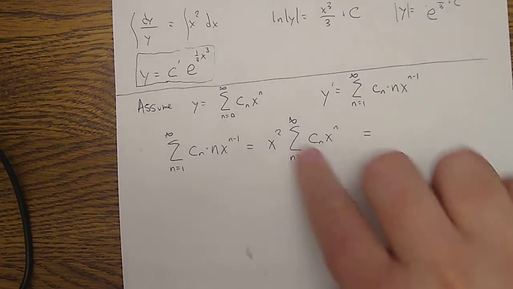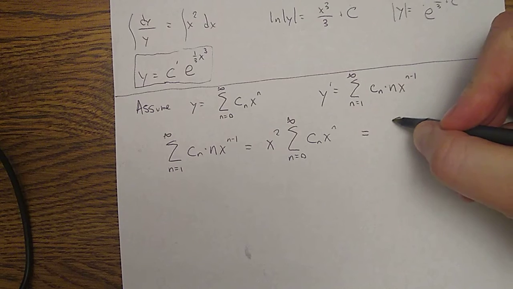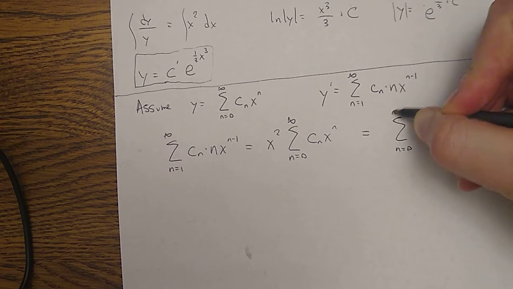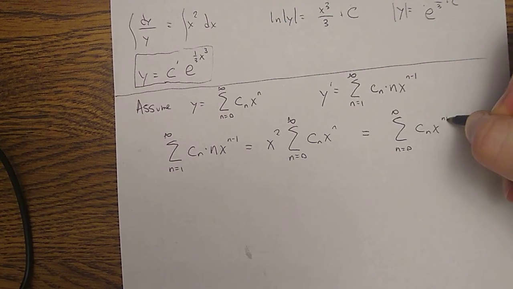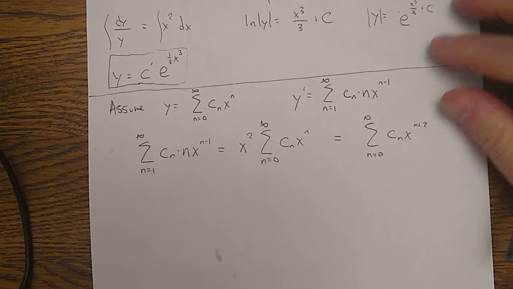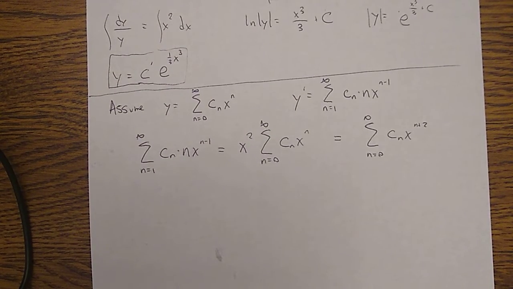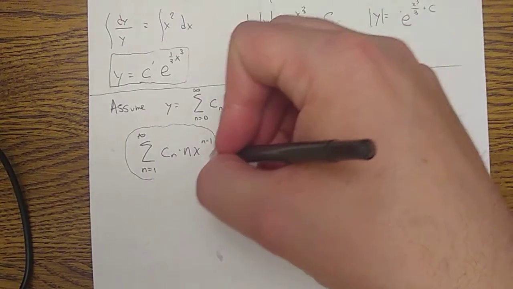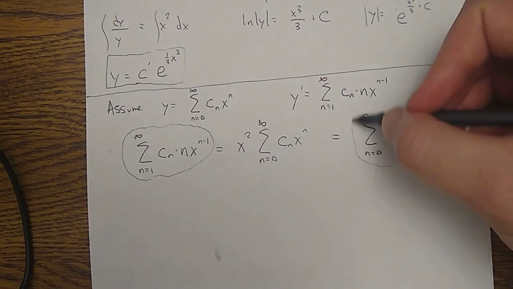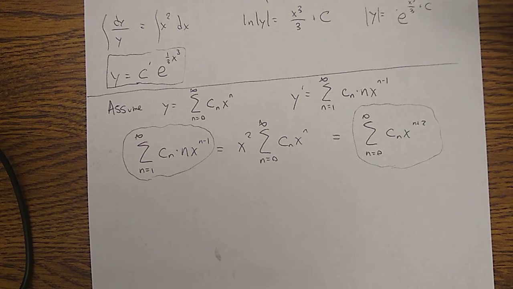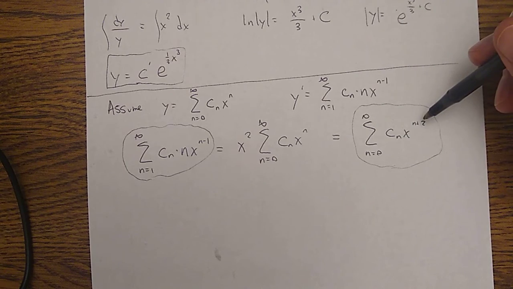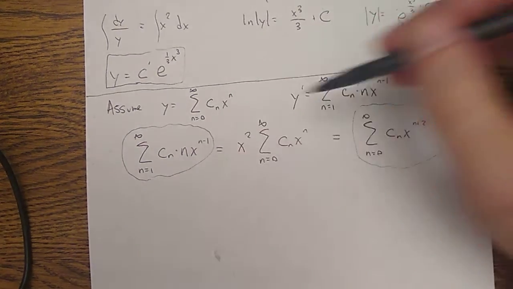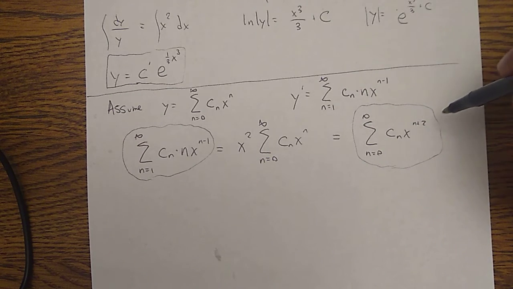So maybe the first thing I would like to do is take this x squared inside. So it's now c_n x to the n plus 2. And now I would like to match this up with this. I typically like to make the powers of x look the same.